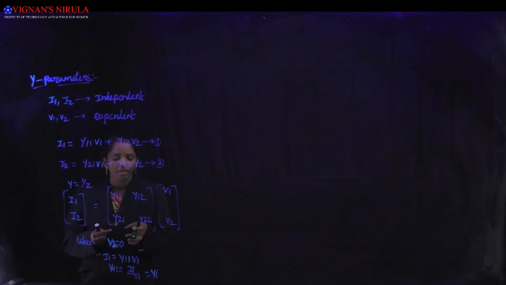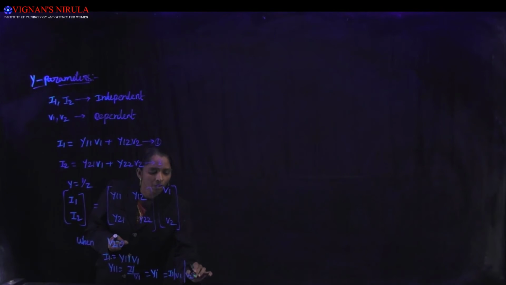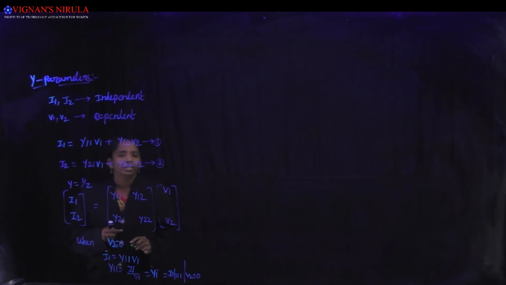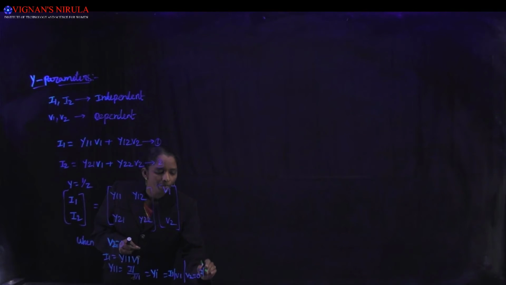That's why we represent it with YI. Input admittance, that is I1 by V1 at V2 equal to 0. V2 equal to 0 means the output port should be short circuit. Okay? YI is the input admittance.